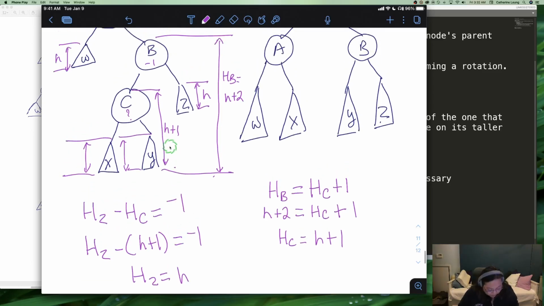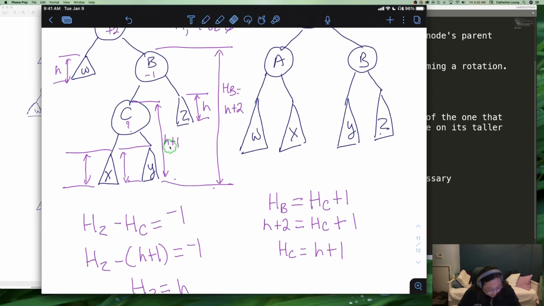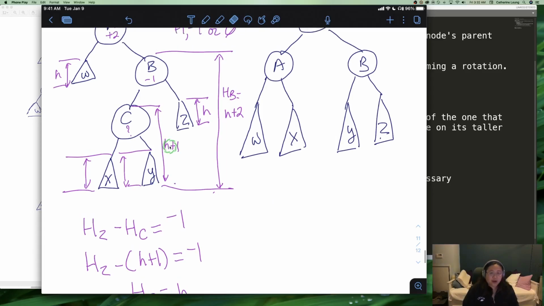Now, that's good. The only thing left to do is to figure out what X and Y are, how tall they are. The good news is that, first of all, they can't be negative, okay? None of these can be negative.